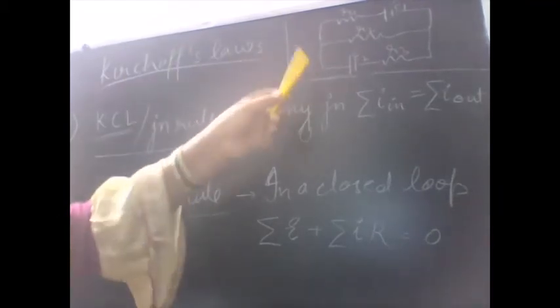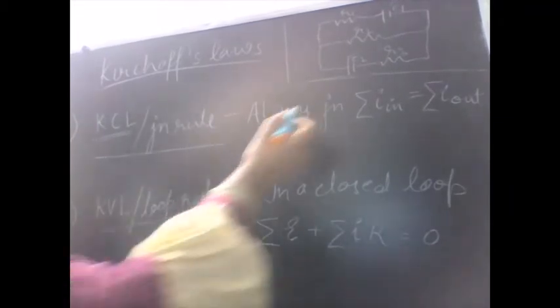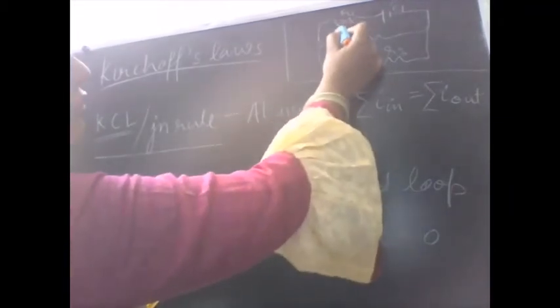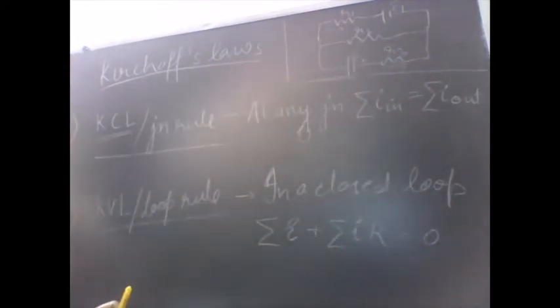A little complex circuit in comparison to the simple circuits that you have done in your 10th standard, and if the question is to find out the current across R1 or R3, it becomes a little difficult task.